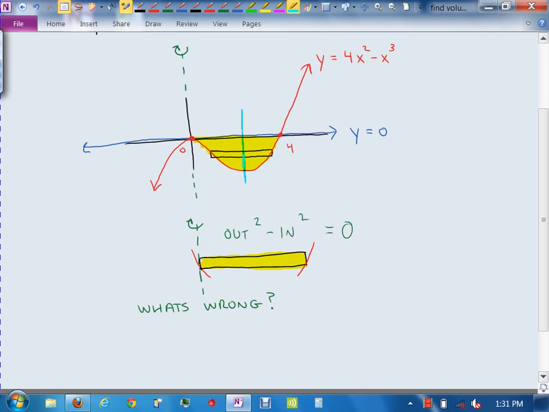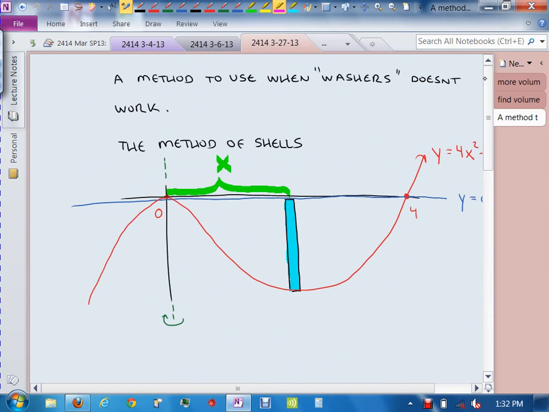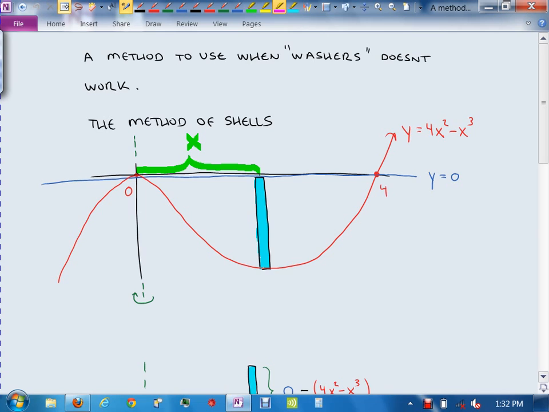So this is a big question mark, like we are stuck here, like how are we going to do this? The new method that we are going to use is called the method of shells.